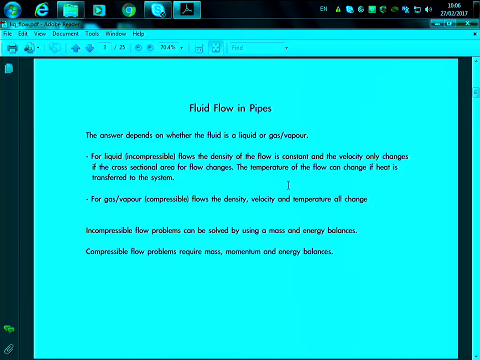Okay, so we can state with a reasonable assumption that a liquid is an incompressible fluid because it has a defined volume which is very difficult to change. While a gas can change its volume very easily through changes of temperature and pressure, and therefore it's defined as a compressible fluid. So for liquid, incompressible flows, the density of the flow is constant.